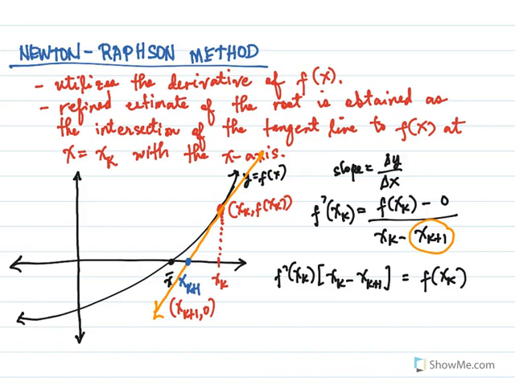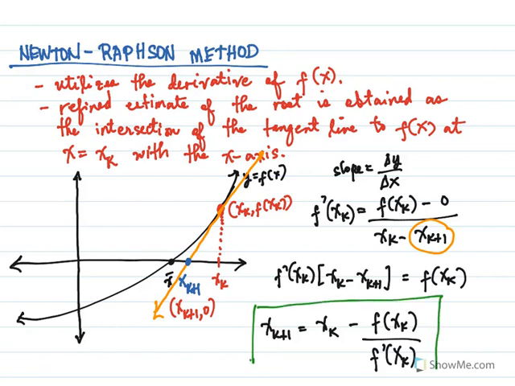Dividing both sides by f prime of x sub k and solving for x sub k plus 1, we will arrive at the formula x sub k plus 1 is equal to x sub k minus the ratio of f of x sub k divided by f prime of x sub k. So this one gives us the iterative formula for the refined estimate using the Newton-Raphson method.